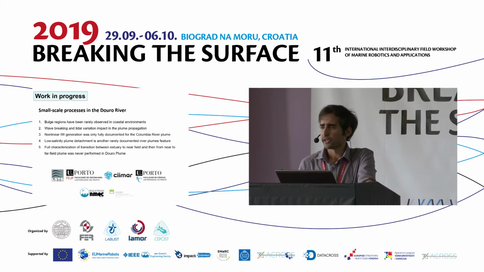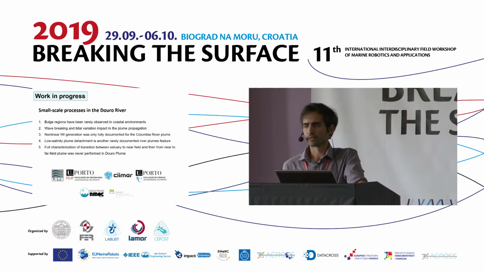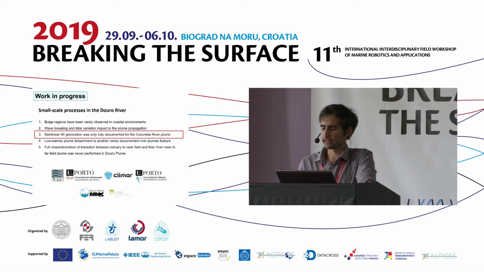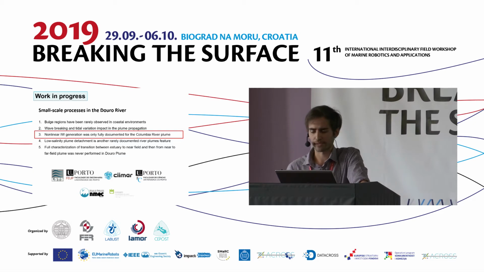So now we are interested in studying smaller scale processes using remote sensing, numerical modeling again, but also observations from AUVs. In particular, we are motivated by the study of the generation of internal waves on the river plume front. This phenomenon was only fully documented for the Columbia River in the US.